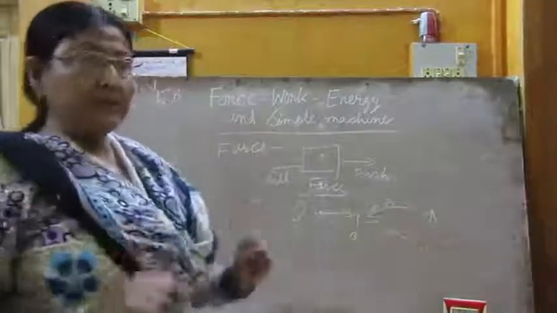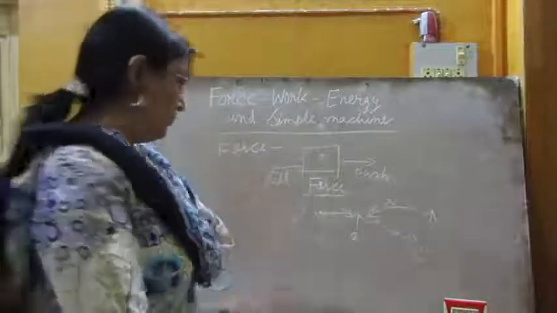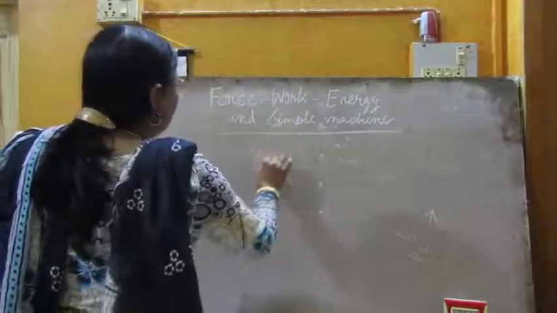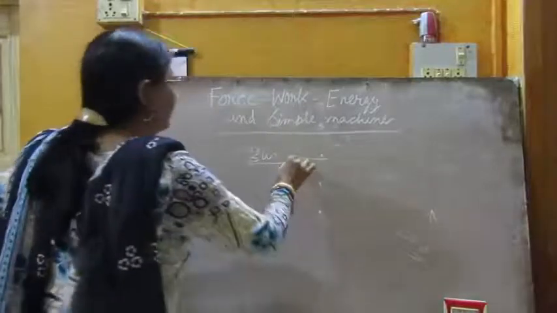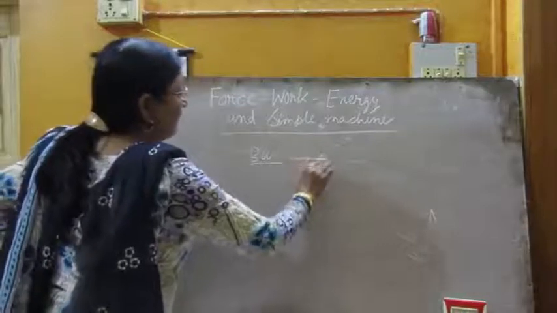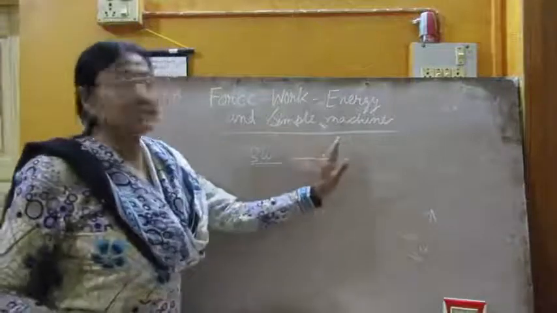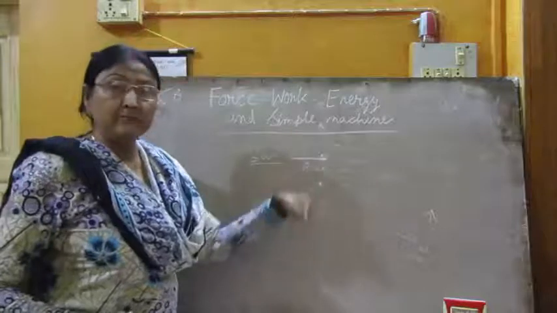Perhaps you have seen, if you are in a bus on an empty road where very few vehicles are there, the bus will move very fast. How does it increase the speed of the bus? By applying force.